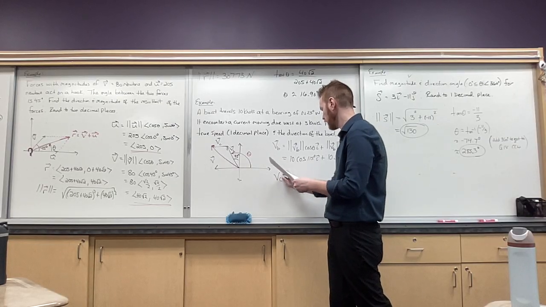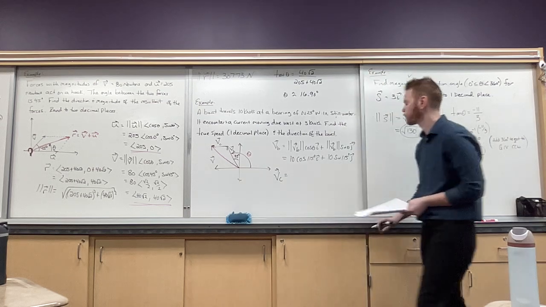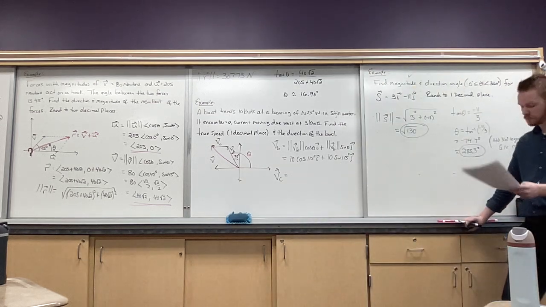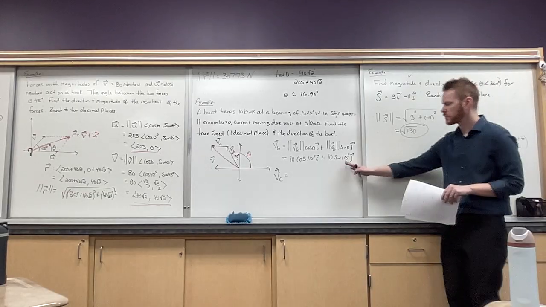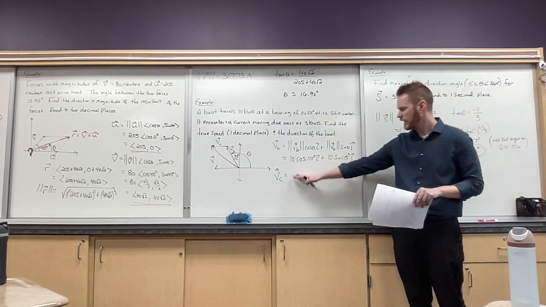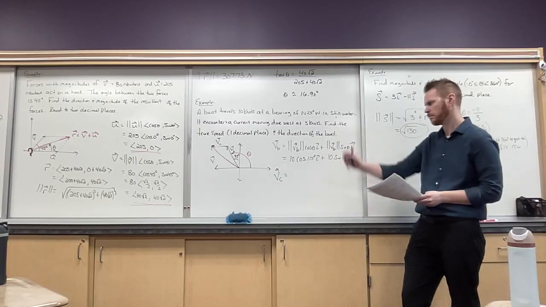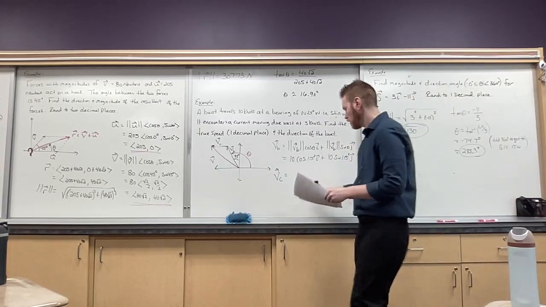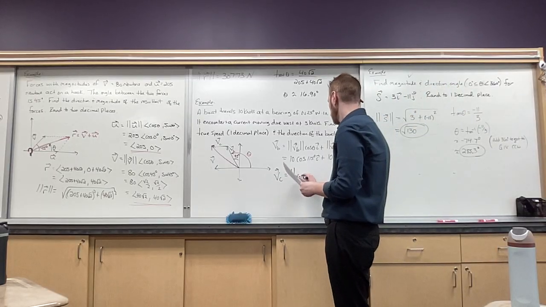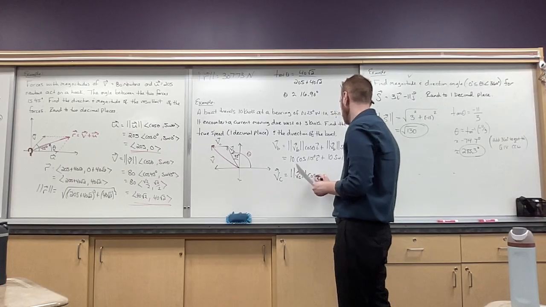So let's do the current vector now. And again, the reason why I didn't put the decimal answers in yet is that I'm gonna take this, add it to this, and then give me a final result to 1 decimal place. So let's see, for this one, this will be even easier.